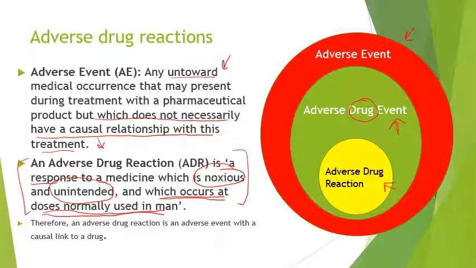In an adverse drug event, the dose could be overdosed or underdosed, but in an adverse drug reaction, the reaction occurs when a human is administered the dose that is meant for the intended action, but in return we get a noxious or unintended reaction. Those categories of reactions are called adverse drug reactions.